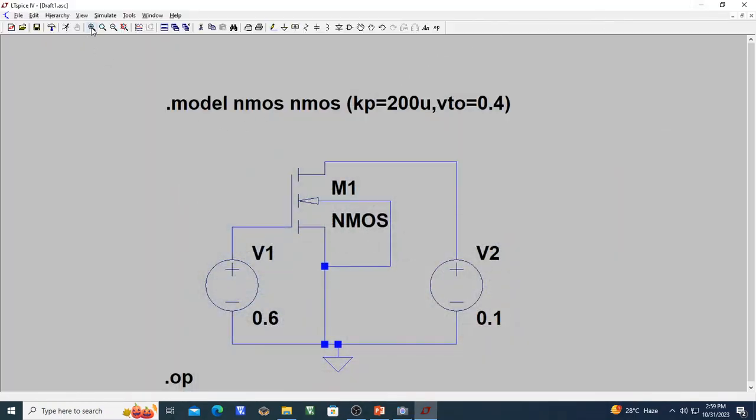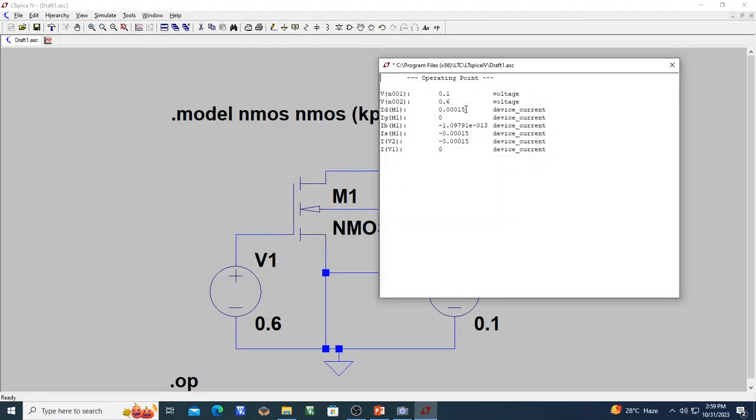We are exactly getting the same 150 microampere as when we simulated it.